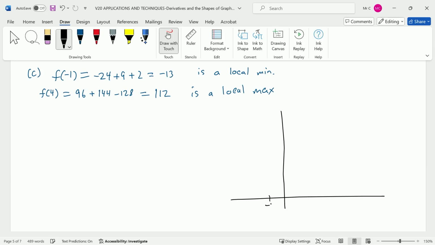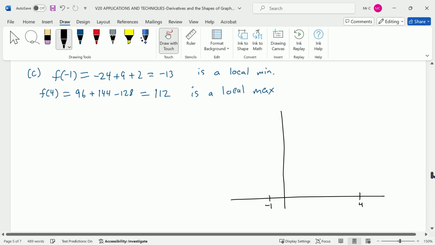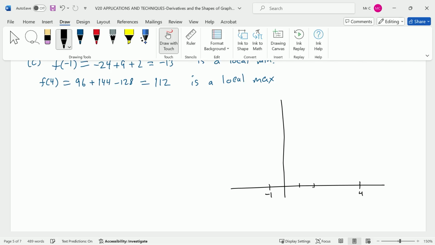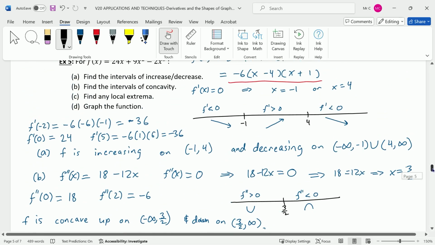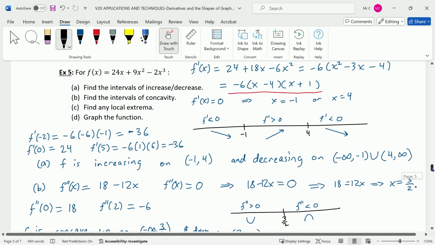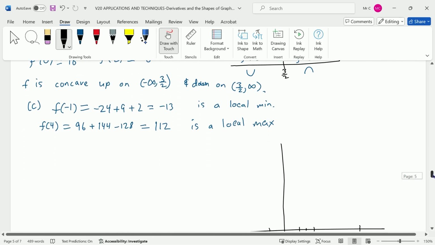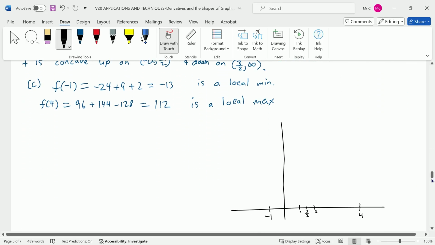So we'll have -1 here, 4, and 3/2 is also. Okay. And we can plot our local minimum and local maximum.